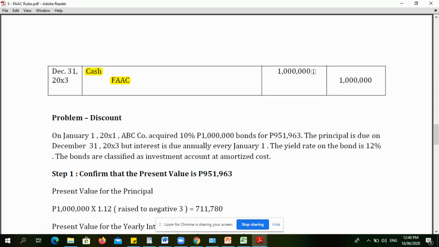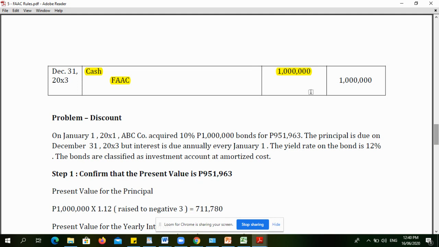Okay? And this will be based on the face amount of the note. So always expect na at the end of the term, we will receive cash based on the face amount of the bonds. So, okay? Ganyan siya pag FAAC.